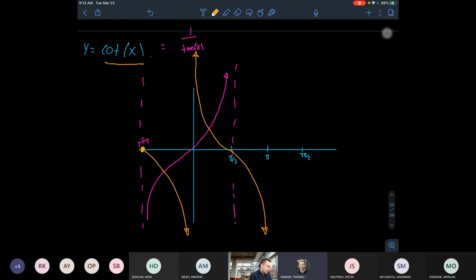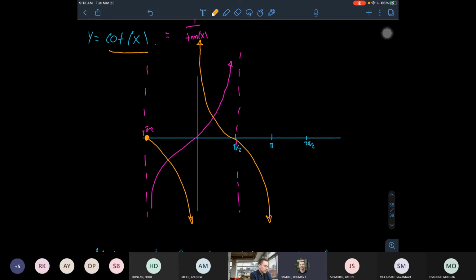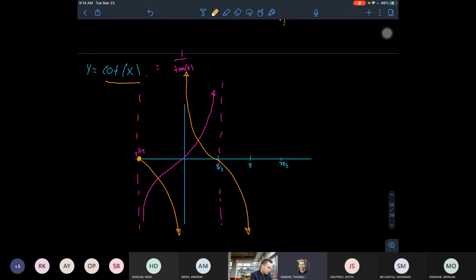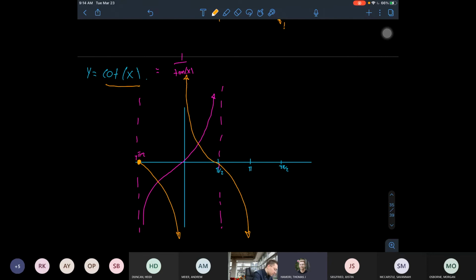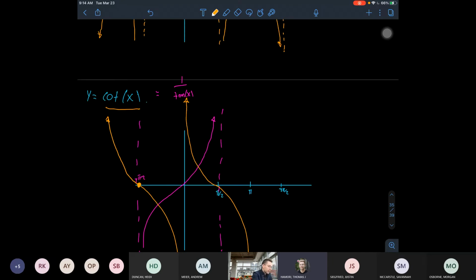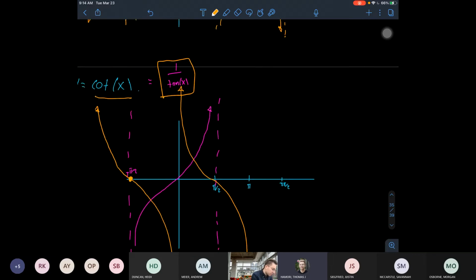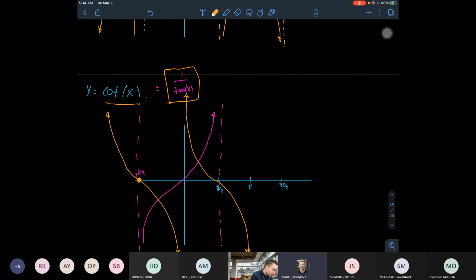To be really clear about cotangent, I should specify that this isn't the exact definition of cotangent. This is what it will be whenever tangent of x exists, and there are points where tangent of x doesn't exist. There are infinitely many of them, the points where we go to infinity, where tangent of x is undefined.